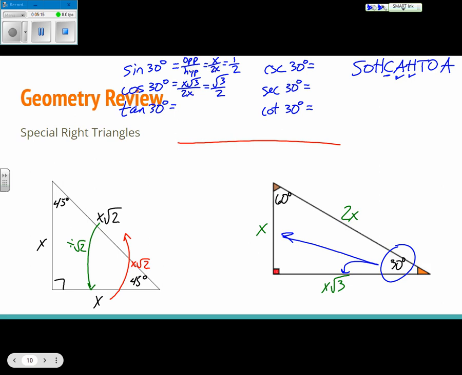Then tangent is opposite over adjacent. The opposite side is x. The adjacent side is still x times the square root of 3. So I'm left with 1 over the square root of 3 after those x's cancel. It'd be nice not to have the square root of 3 on the bottom, so I'm going to rationalize it, and I get the square root of 3 over 3 for that value.